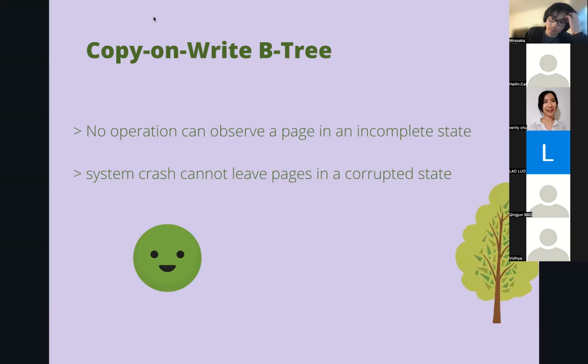Once you decide you want to write, you have to copy and then provide your updates to all these new write nodes. Once these write nodes are all complete and able to link to the previous tree, because there are also many nodes in the original tree that are not touched, those are intact, and you link back to those. At this stage you form a new tree, and only when you form this new tree is the operation considered complete. But you have to do it for every page that has been modified at once.